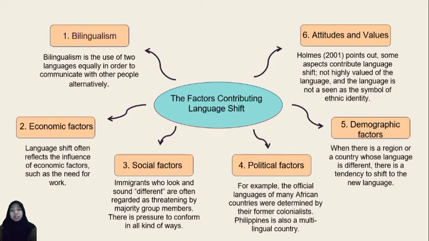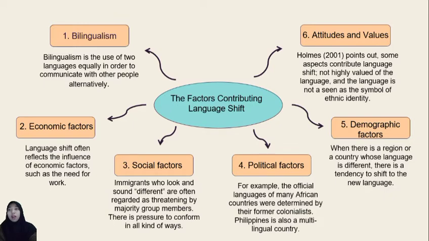Next is about the factors contributing to the language shift. There are several factors associated with language shift. They are bilingualism, economic and social factors, political factors, demographic factors, and also value and attitude factors.